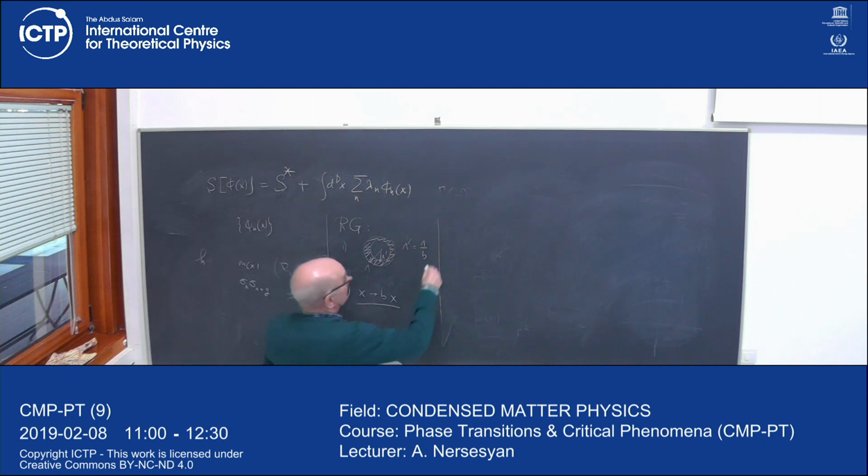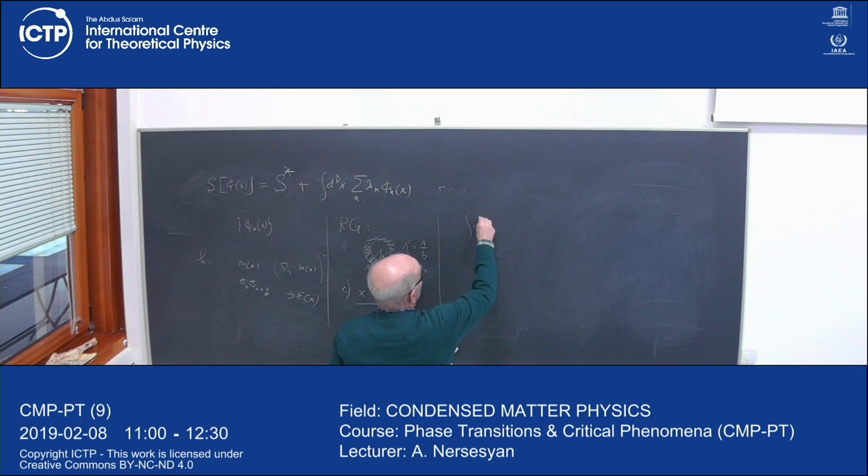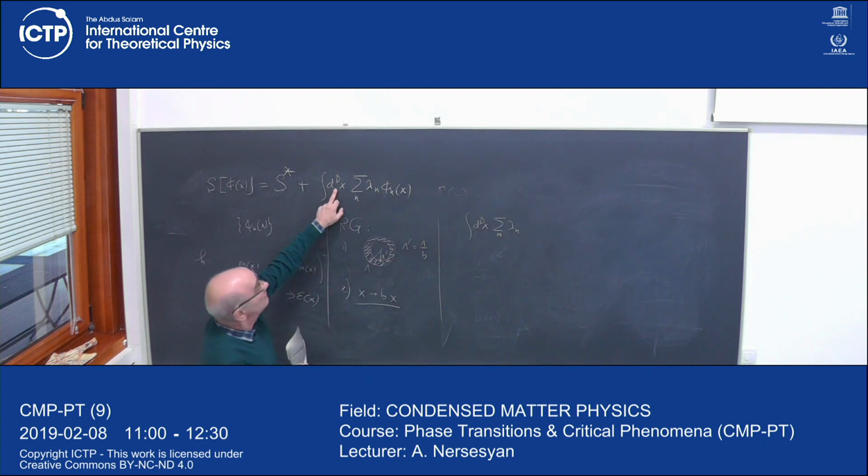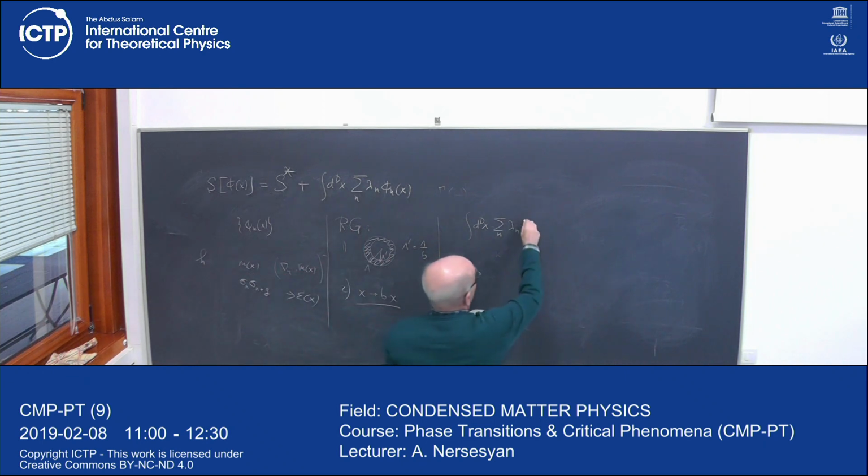What happens here is the following. You write down this integral d^d x and sum over lambda n. From here, you get this b to the power of d. On the other hand, your field gets rescaled like this. On the other hand, you know that this is the same as phi n of x.